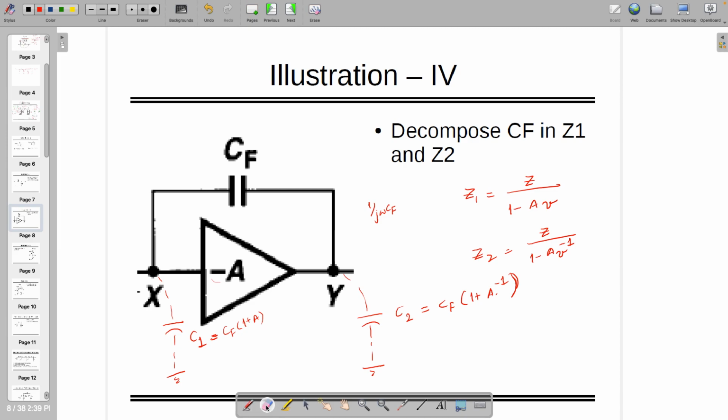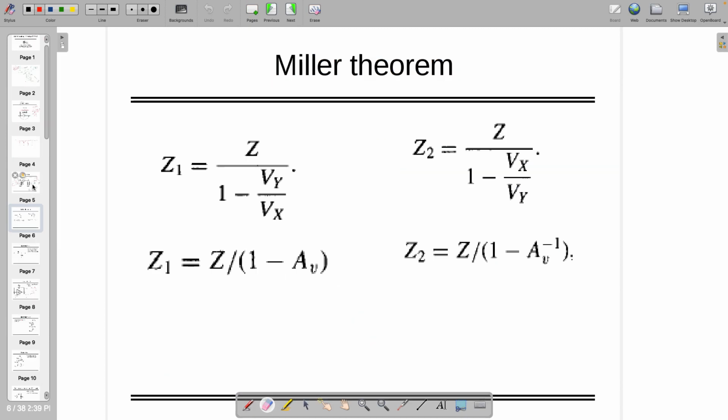A inverse minus 1. Yes, sir. Which one is correct? I followed this, which is copied from Behzad Razavi. A inverse minus 1. This is the one I copied from Behzad Razavi. I don't see it; this is correct, look at this.